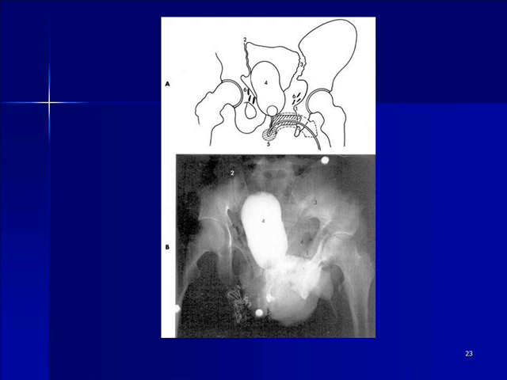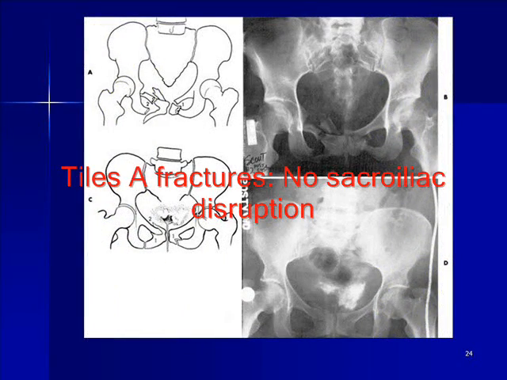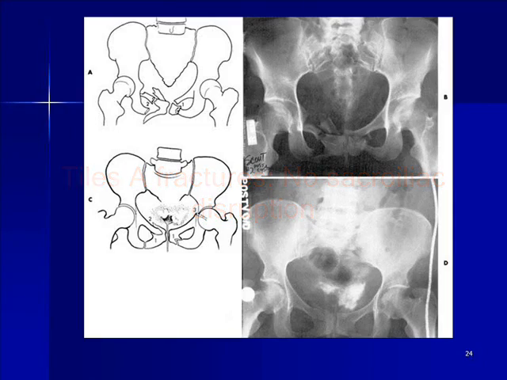This X-ray shows a severe injury affecting the pelvic ring anteriorly and also the sacroiliac joint, and this is a severe injury, Tile C, because there is displacement of one side of the pelvis vertically. Here there are the injuries of the pelvis as shown in the corresponding pictures.